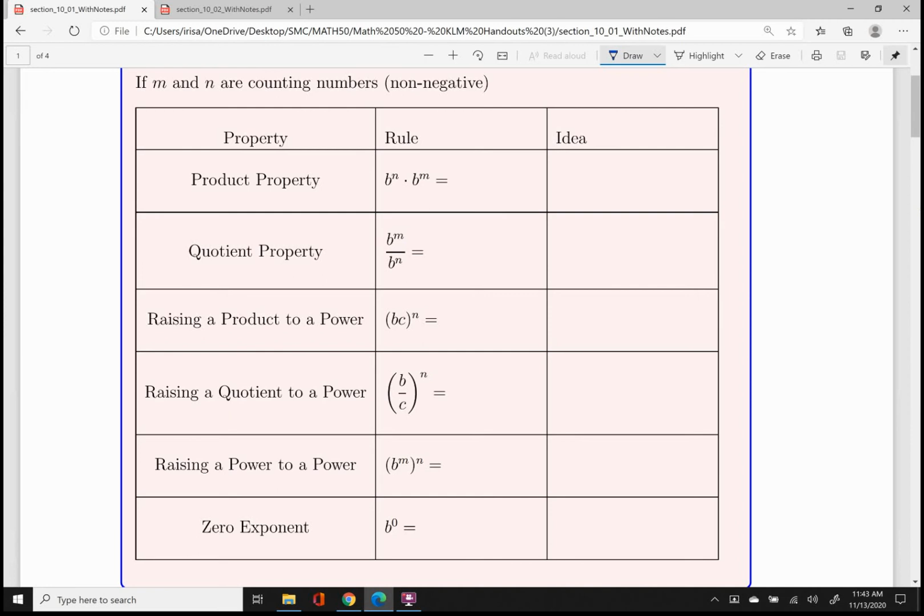I often call it product rule, to simply add the exponents together in a single exponential expression of that collective base b, okay? So just add the exponents together. So the idea being when exponential expressions of the same base, so same base multiplied, means you add exponents.